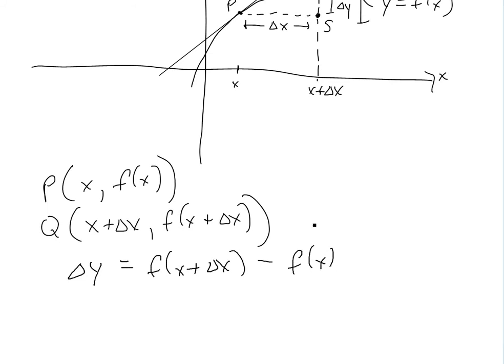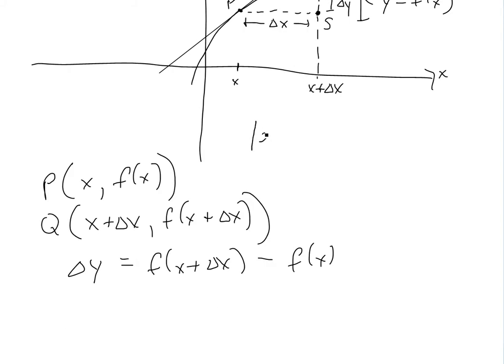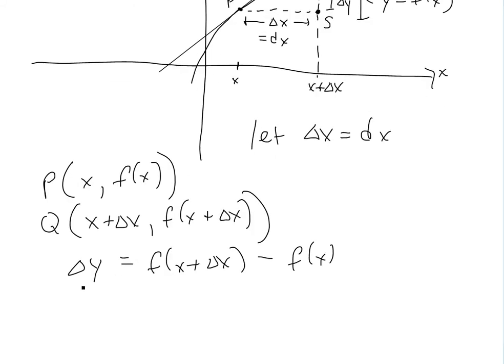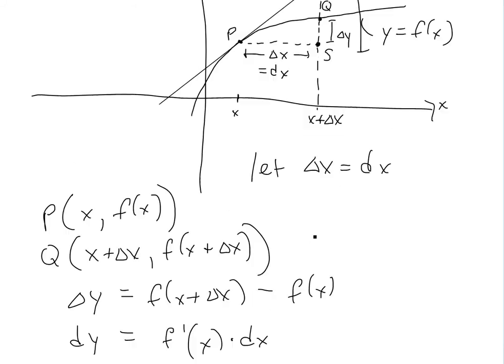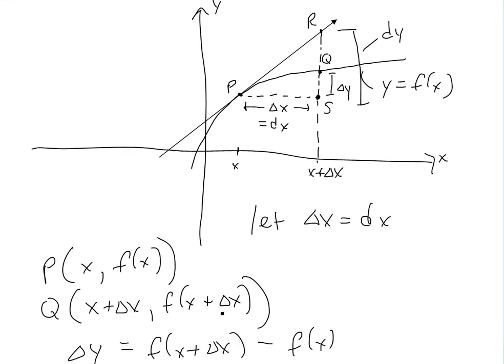Now if we let delta x equal dx, just make it equal to the same thing, then from our definition, dy is equal to f prime of x times dx. So delta y represents the change in f of x.